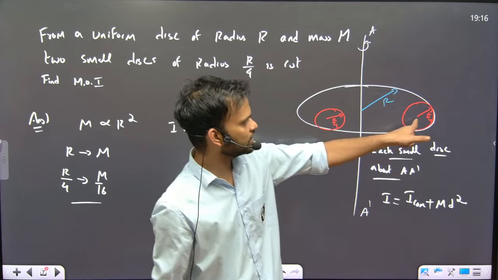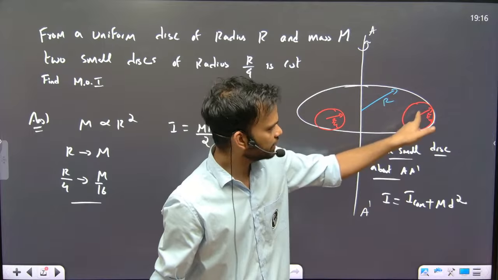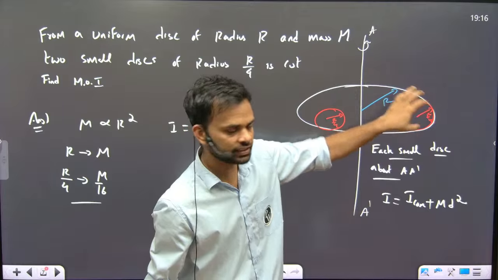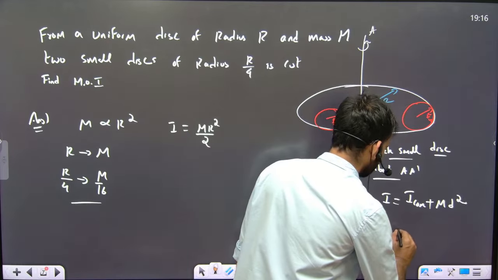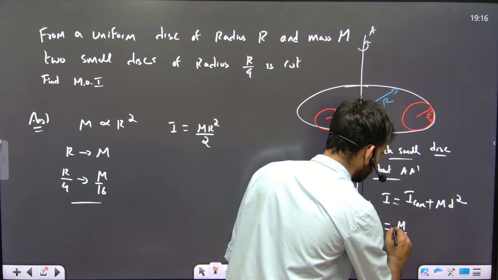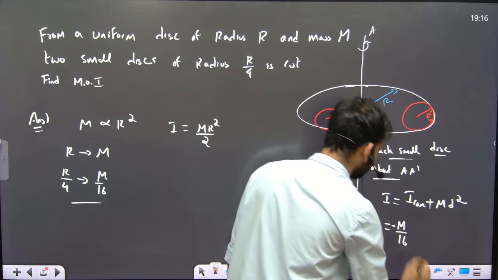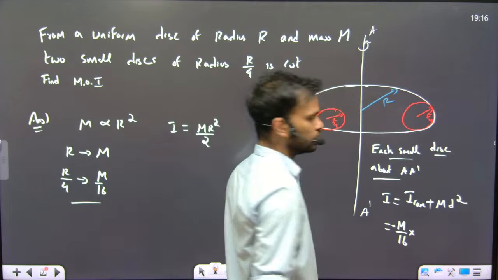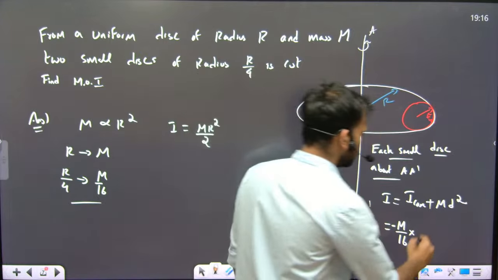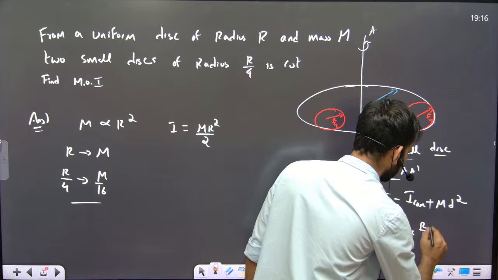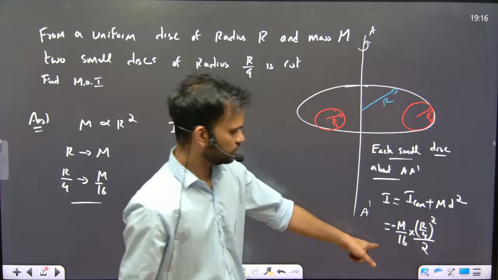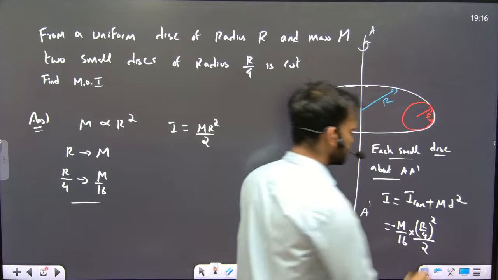So what is I center of mass for this disk? About its center of mass it is mr square by 2. What is the mass of this? It is m by 16, so minus m by 16, into the radius r by 4 whole square, divided by 2, plus md square.